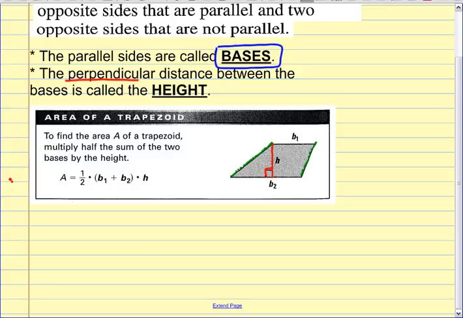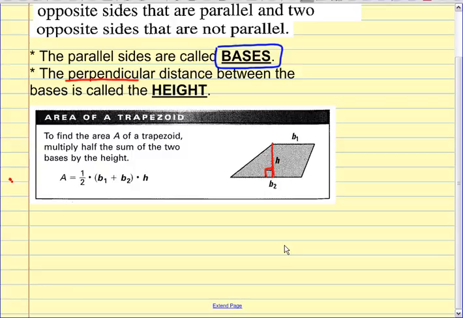Of those three lines, two of them are green and one of them is red. You see the red is the perpendicular line between the two bases? That's the shortest distance between those two sides, and that's what we call the height. The green is not the height. Okay? Only the red acts as a height between those two bases.